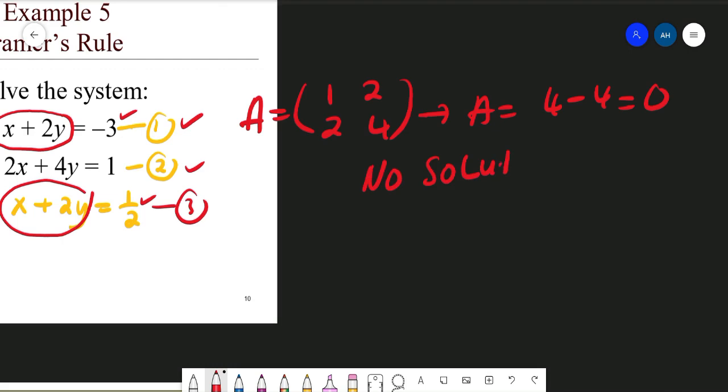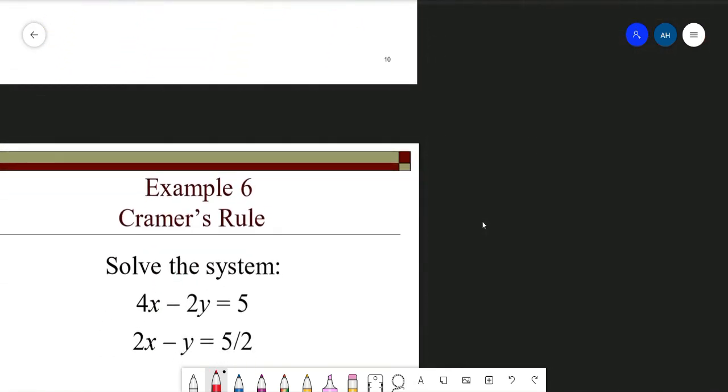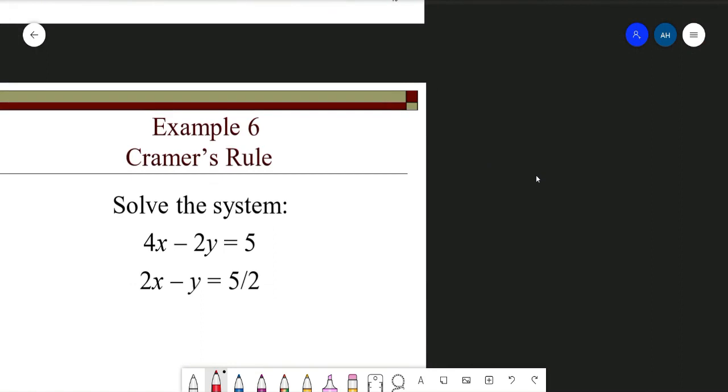Now the determinant of A itself is equal to 0. Now let's see the next example here. Let's say this is equation number 1, this is equation number 2. If we multiply equation number 2 by 2, what happened?